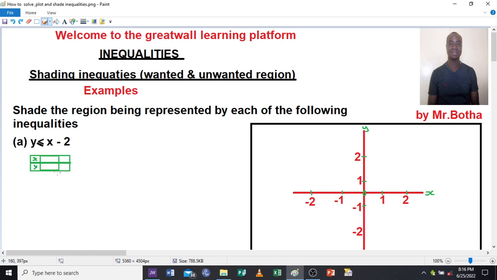So let's do so. To do so, you create a box like this. This box will have the x values and the y values. So we are going to assume that x is 0 in this inequality that you have, that is y is less than or equal to x minus 2.